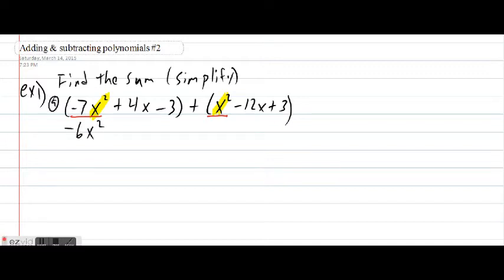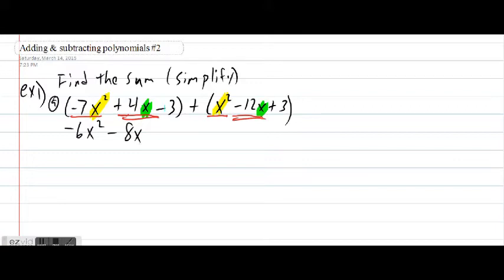And then we have x to the first, x to the first. So I have 4x minus 12x, which is negative 8x. Again, keeping in mind, I did not change the exponents.